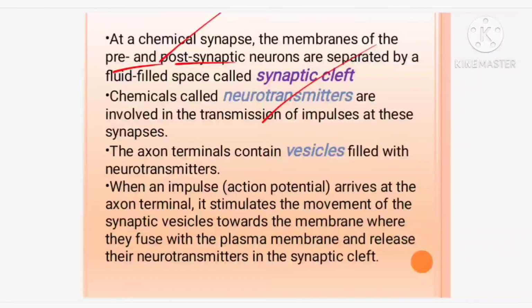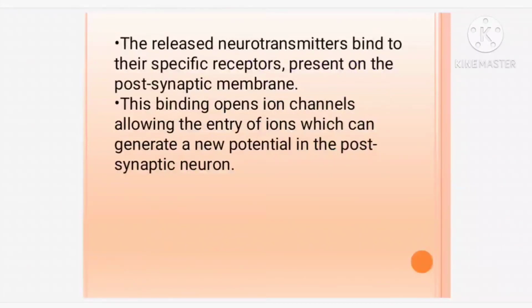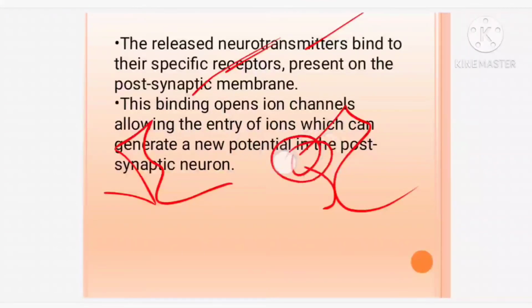So here the impulse is sent from the axon terminal, the chemical is released, and this chemical is acting as a stimulus for the next, and the message is getting sent. Okay. So the released neurotransmitter bind to the specific receptor in the postsynaptic membrane. I told you this is the postsynaptic membrane. So here they are binding, and thereafter the message is getting translocated.